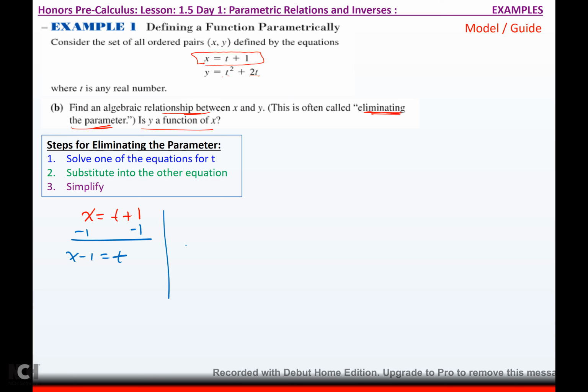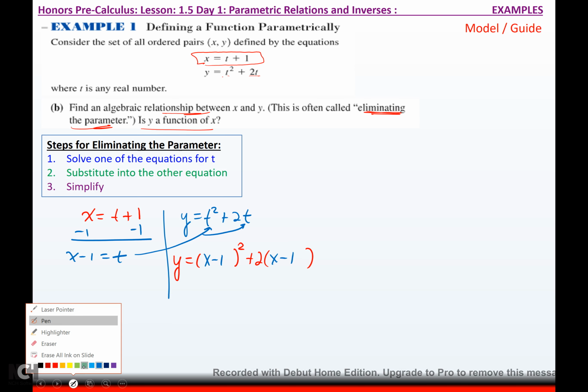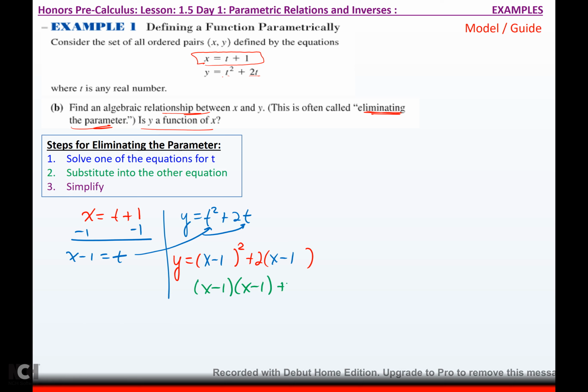Well, now I can substitute that into my second equation. Everywhere I see a t, I'm going to substitute x minus 1. So I would get y equals t squared plus 2 times t, but I'm plugging in x minus 1. And then simplify that. Plus 2 times x minus 1.